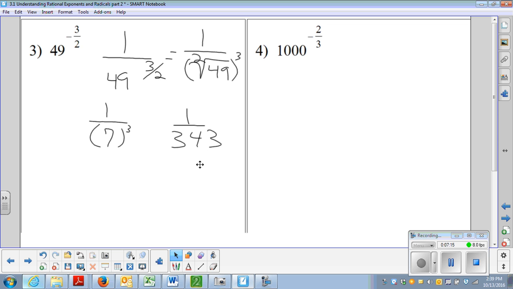Okay. Here's our last example here. We're going to write 1,000 as our base, 3 is our index, and raise it to the power of 2. But all that has to be below 1. Notice how the negative sign now is no longer there because we put it below 1 in the denominator.